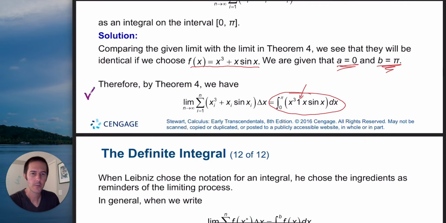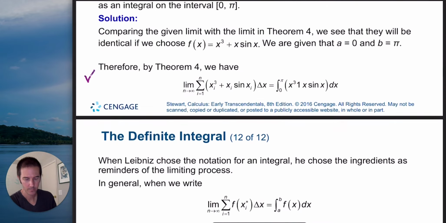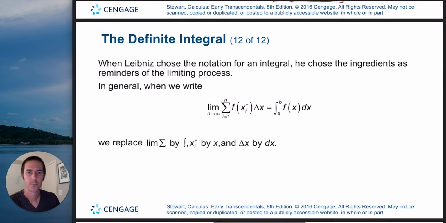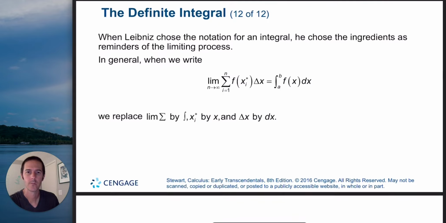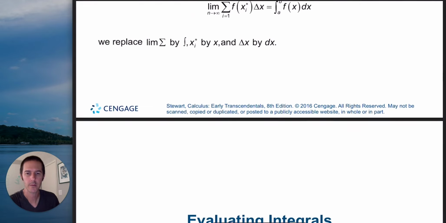Yep, so the integral from 0 to pi of x to the third plus x sine x with respect to x. So this would be the answer to the question, expressing it as a definite integral. You can read that, that's nice.